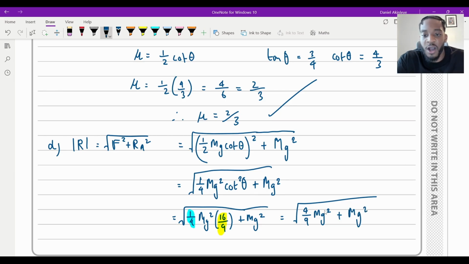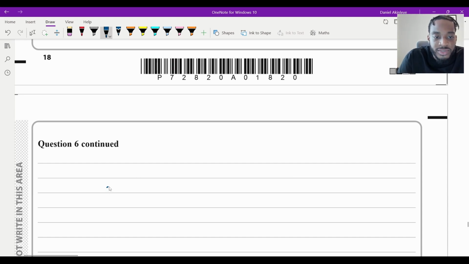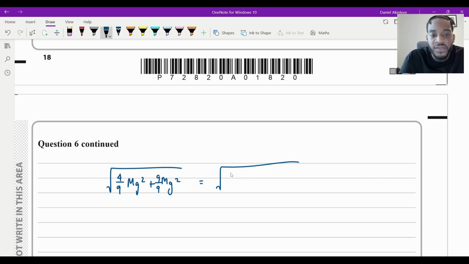So we're here. Now, can we tidy this up a bit more? We can. They're both like terms. They're both mg squareds. So we've got 4/9 mg squared plus mg squared. Now remember, mg squared is just the same as 9/9 mg squared, meaning that I can tidy this up to become 13/9 mg squared.